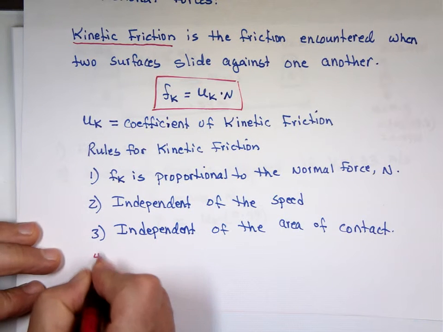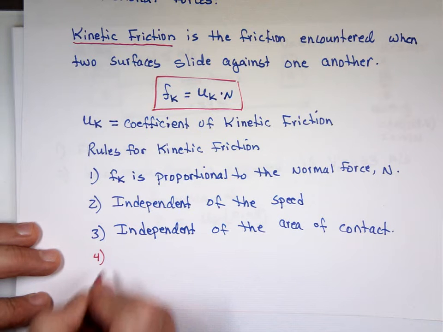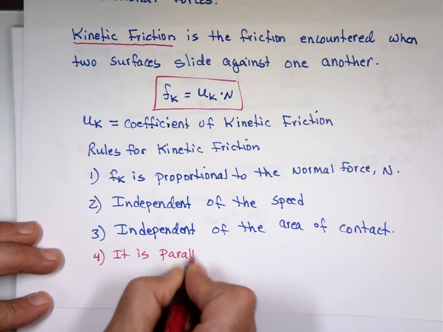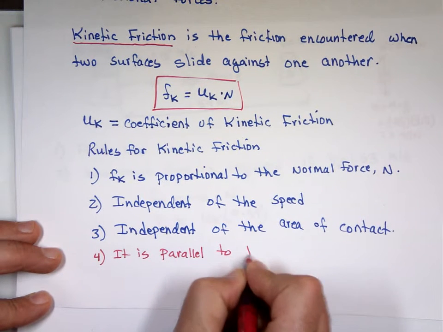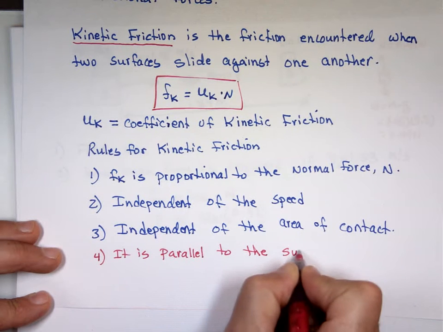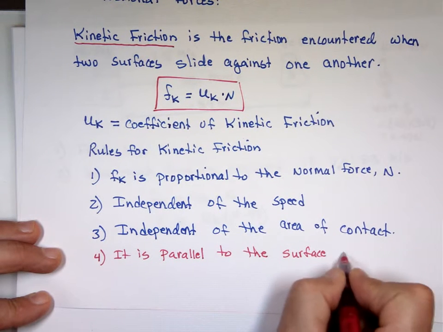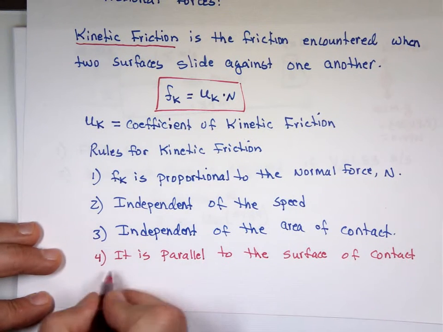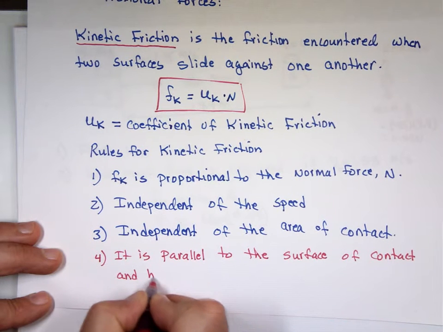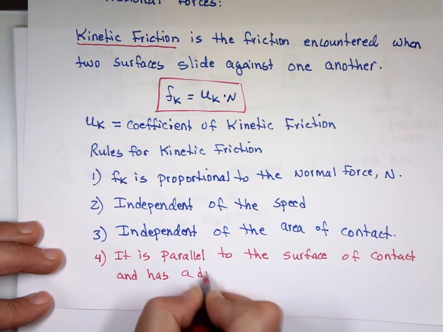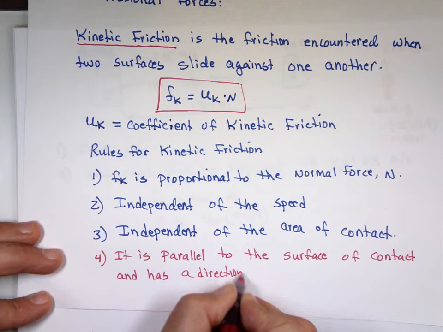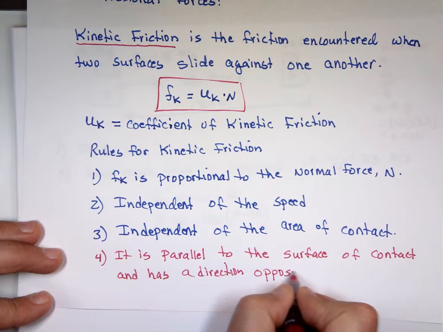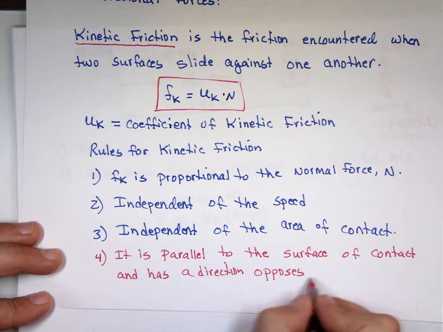Rule number 4, or property number 4: it is parallel to the surface of contact, that's the direction of it, and has a direction that opposes its motion.